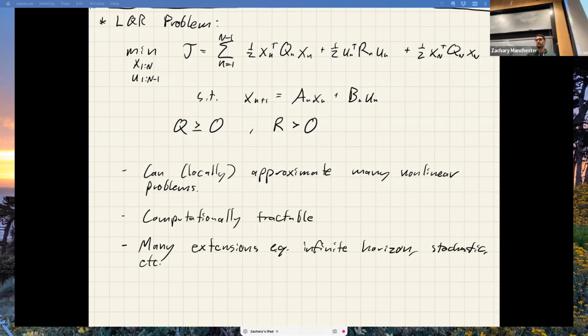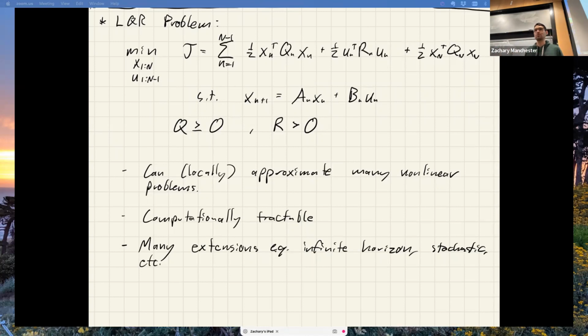That's right. So my point is, if I were to do Gauss-Newton on any nonlinear problem, this would be the Gauss-Newton step, right? This is what I would get if I linearize the dynamics constraints and take a quadratic expansion of the cost function. I get an LQR problem. So when you go to numerically solve a nonlinear problem, your inner loop is basically an LQR problem.